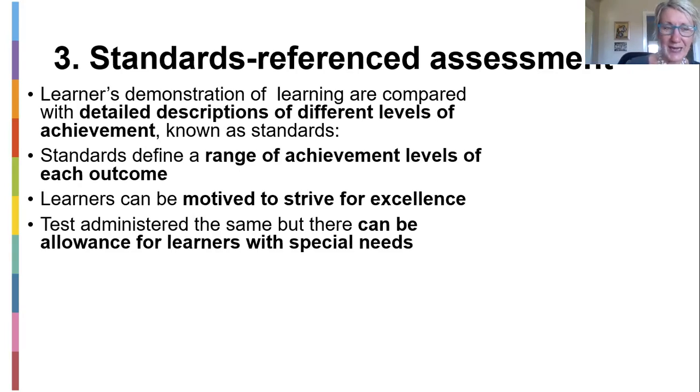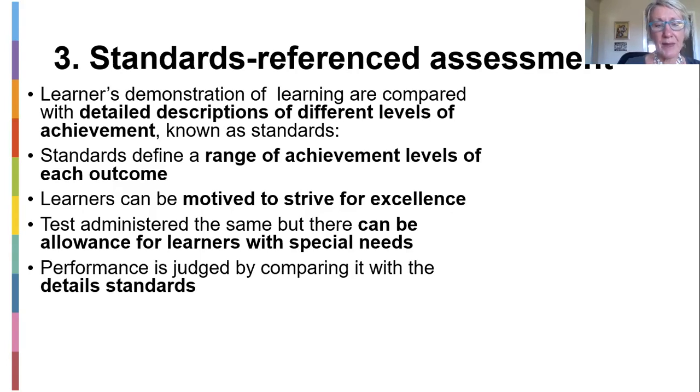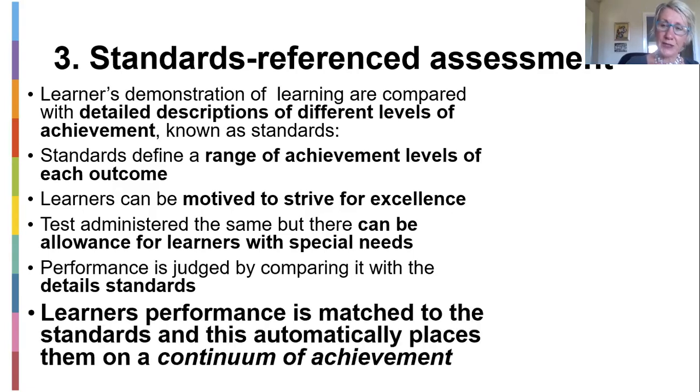Tests are administered in the same way. There can also be allowance for students with special needs, those who need extra time, those who maybe need a scribe to help them write. And then my performance is judged by comparing it with the details of the other standards. Okay, so this way the learner's performance is matched to the standard, and this automatically places them on a continuum of achievement.